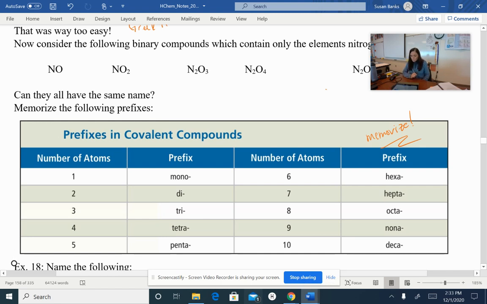Okay, so let's think about this. Now, if our first element is only one of them, we don't put in the mono. So here for nitrogen and oxygen on this first one, I wouldn't put mononitrogen monoxide. I just put nitrogen monoxide.